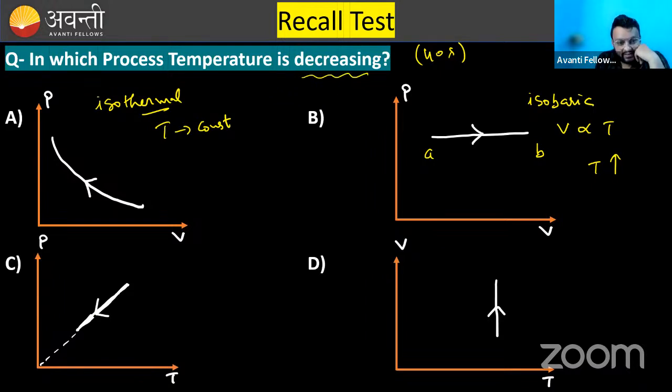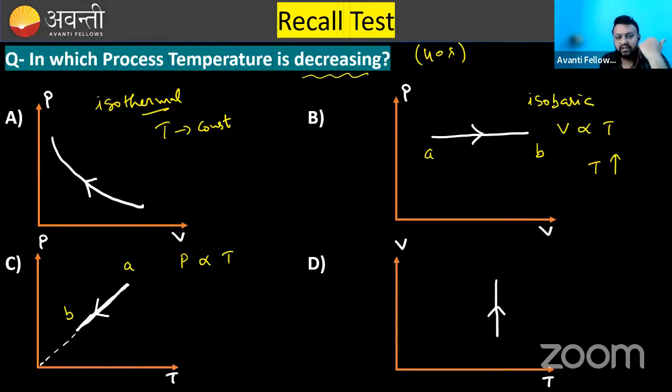In option C, this is a P versus T graph, and from the graph, it is clear that P is proportional to T. According to the arrow, this is the initial state, this is the final state, and pressure is decreasing.